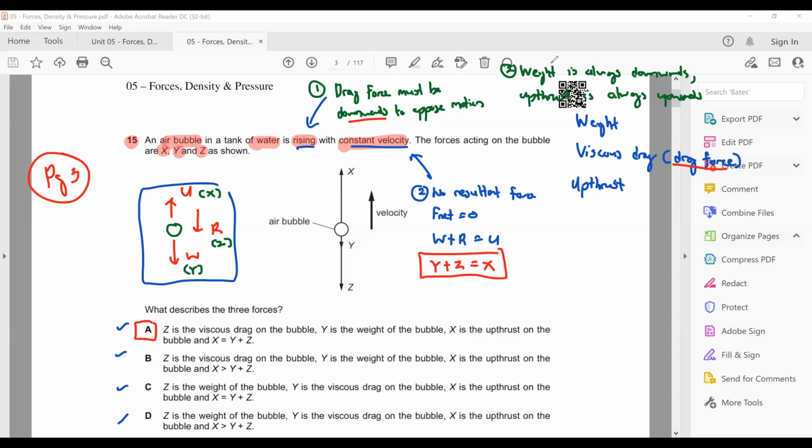Okay, let's try and see. Z is the viscous drag of the bubble. Y is the weight of the bubble, and X is the upthrust of the bubble. And X is equal to Y plus Z. Okay, that is okay. Why can't it be D?